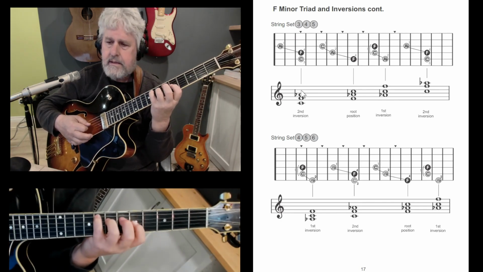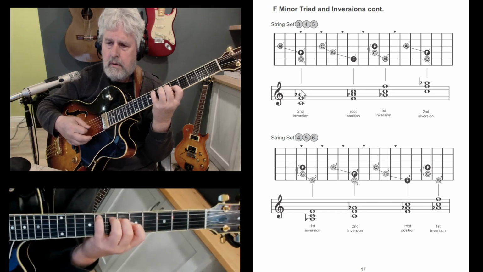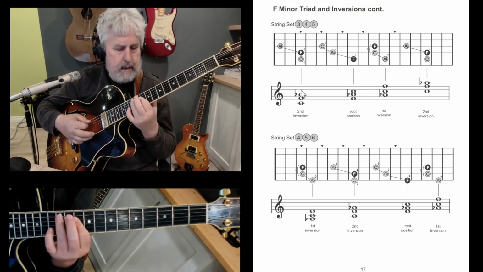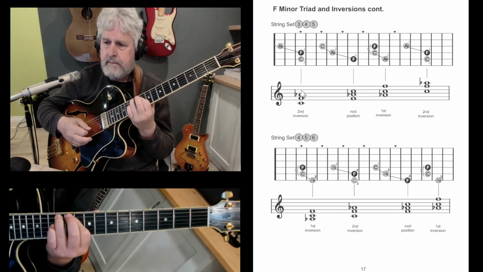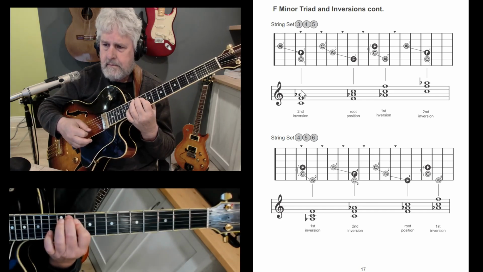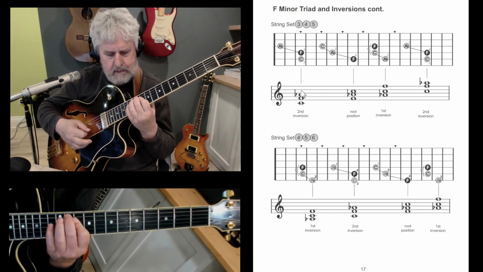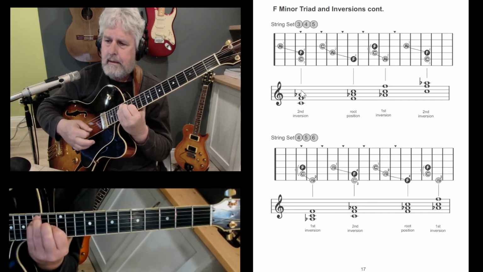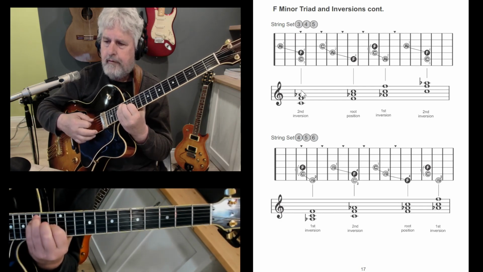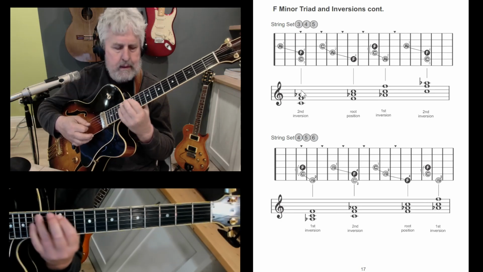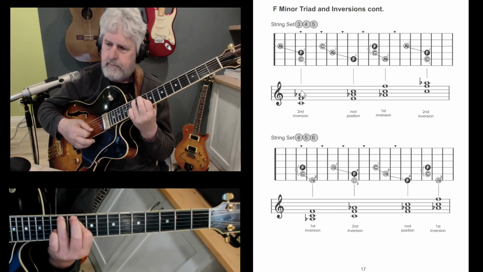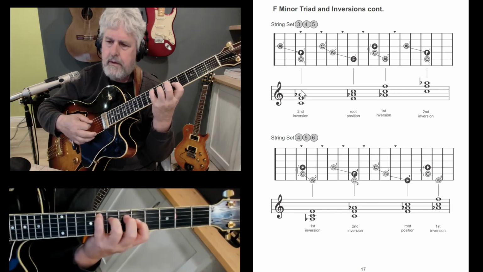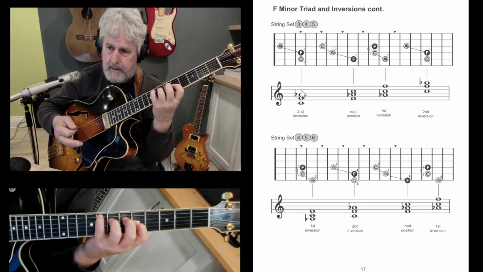And then F like this, lower. Okay, and then the F like this. And then F like that. F major, F minor, F major, minor. They're quite different sounding, even though you're just using the same notes. I mean, in terms of the inversions.